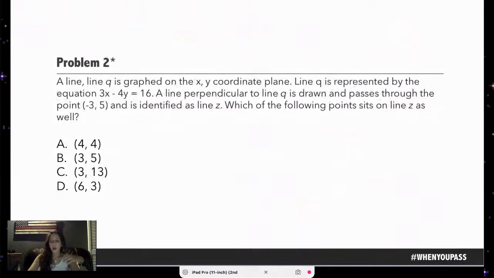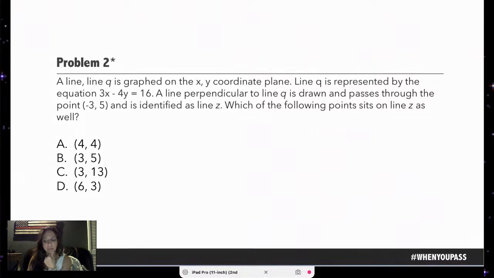All right, problem number 2. A line Q is graphed on the XY coordinate plane. Line Q is represented by the equation 3x minus 4y equals 16.